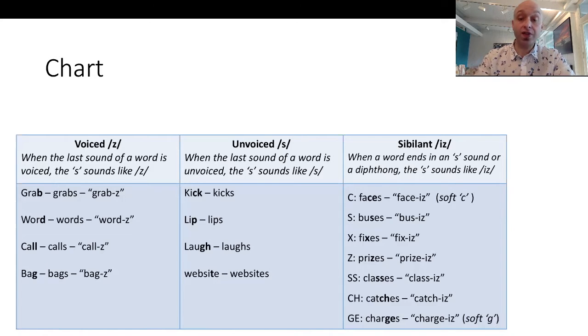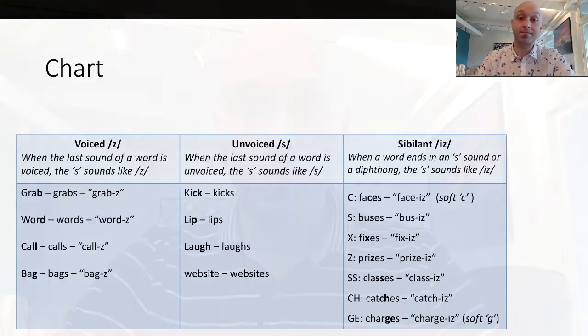And with a couple of those diphthongs, we pronounce them with the same ending, such as catch, catches, charge, charges. So that's the third category of S sounds at the end of words, sibilant sounds.